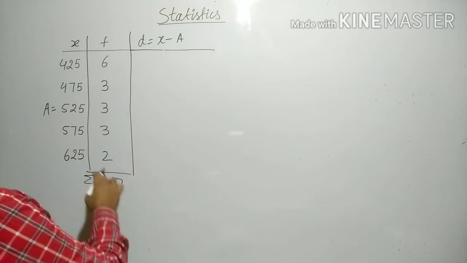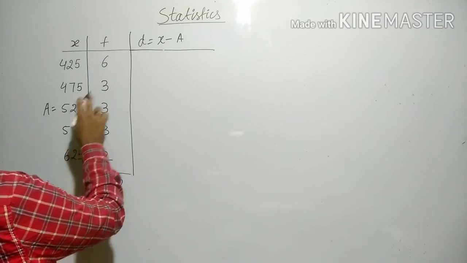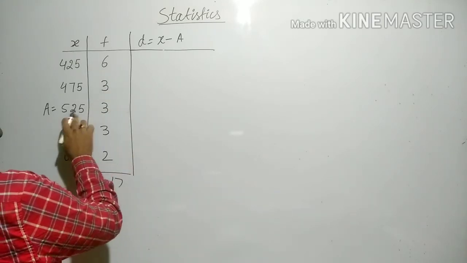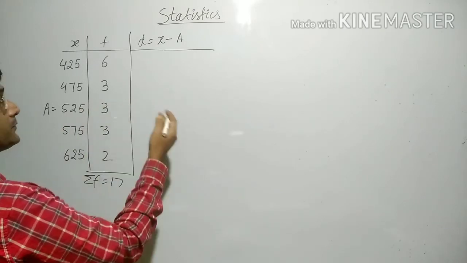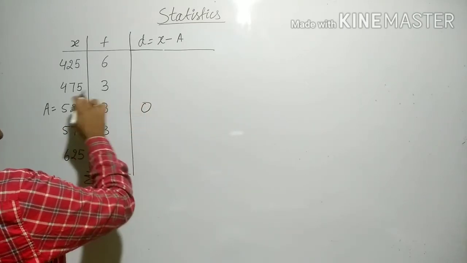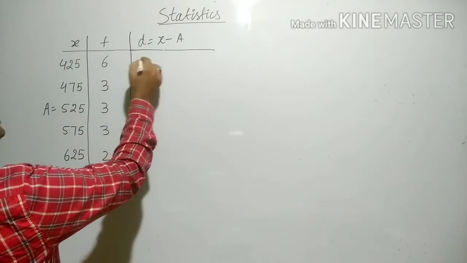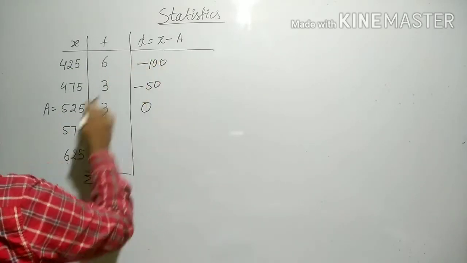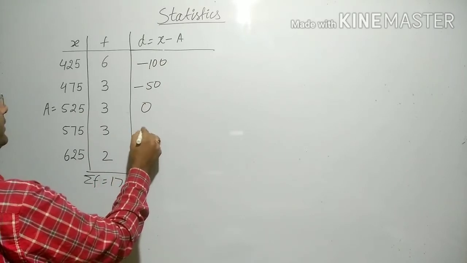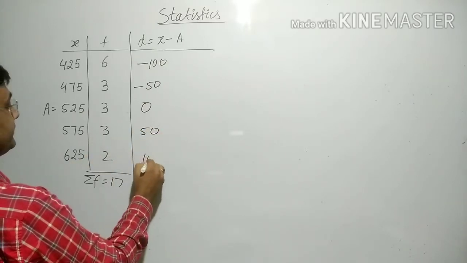So what data will we get? x minus a: 525 minus 525 will be 0. Here there is a difference of 50, so it will be minus 50. Here it will be minus 100. Here it will be 50, and here it will be 100.